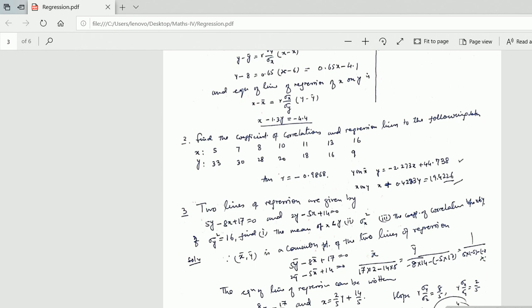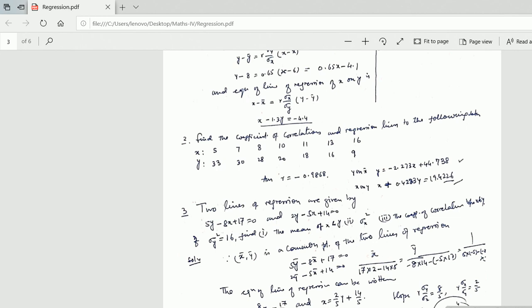Find the coefficient of correlation and regression lines for the following table. See, x has values 5, 7, 8, 9, 11, 13, 16, and y has values 33, 30, 28, 20, 18, 16, 9.